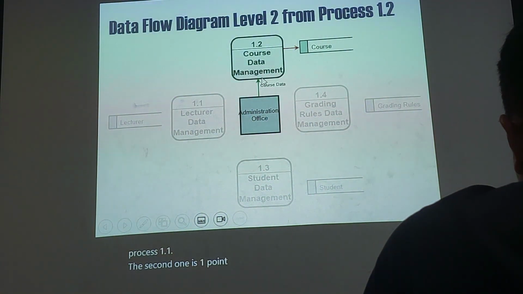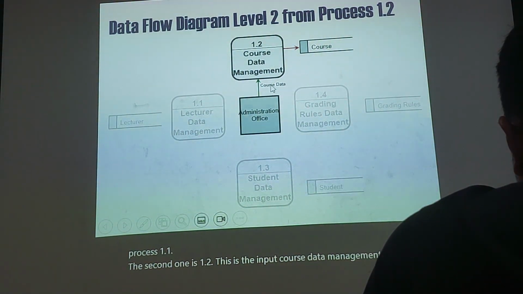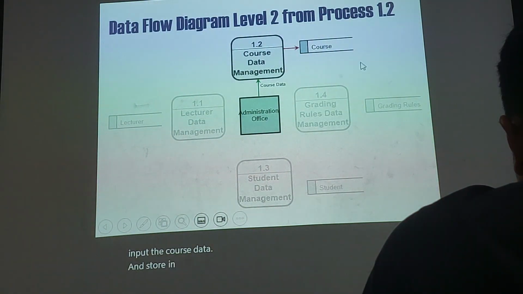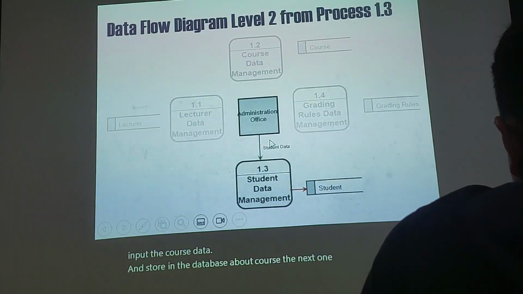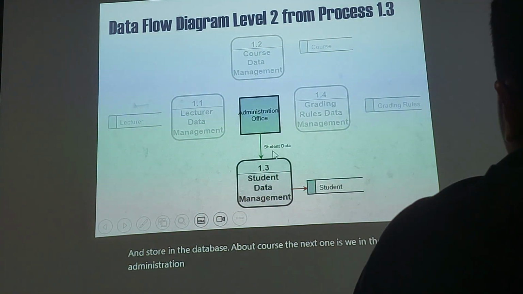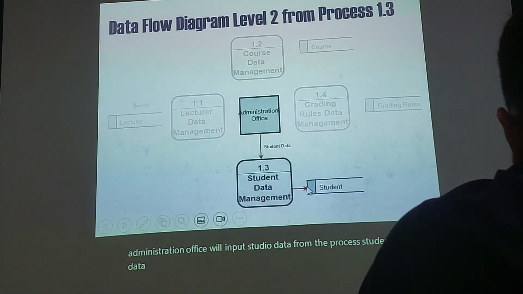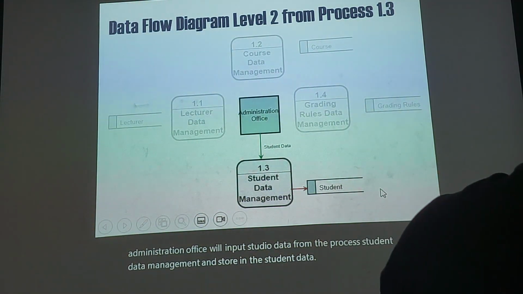This is the input course data management. They input the course data and store it in the course database. The next one is the administration office will input student data from the process student data management and store it in the student database.